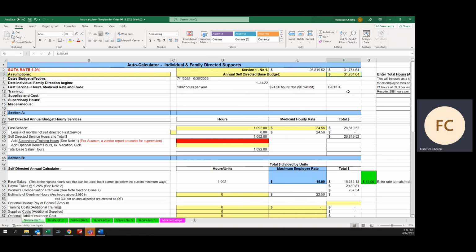So if we go to page 1, we can see there too, both services add up through this cell, and there you have it. We are making maximum use of our $31,784.64, and not leaving any dollars on the table.